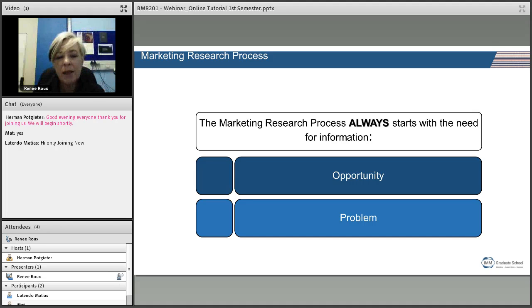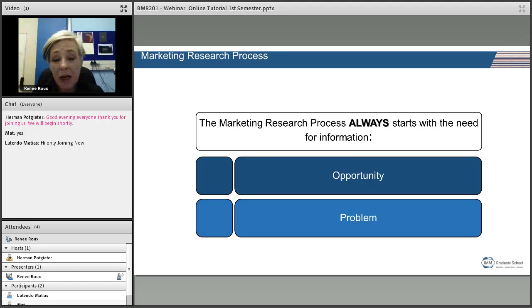A marketing research process always starts with the need for information. And it's either the need for information to address a problem, to rectify the problem, to implement actions to change something, or an opportunity. You need to understand the dynamics of the opportunity.